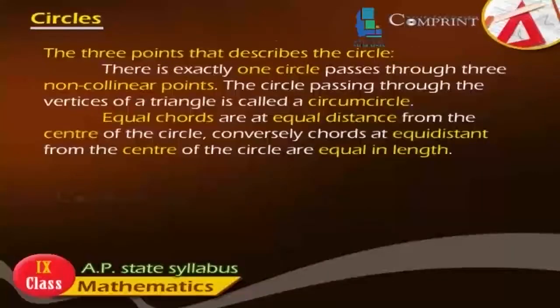There is exactly one circle passing through 3 non-collinear points. The circle passing through the vertices of a triangle is called a circumcircle. Equal chords are at equal distance from the center of the circle. Conversely, chords equidistant from the center of the circle are equal in length.